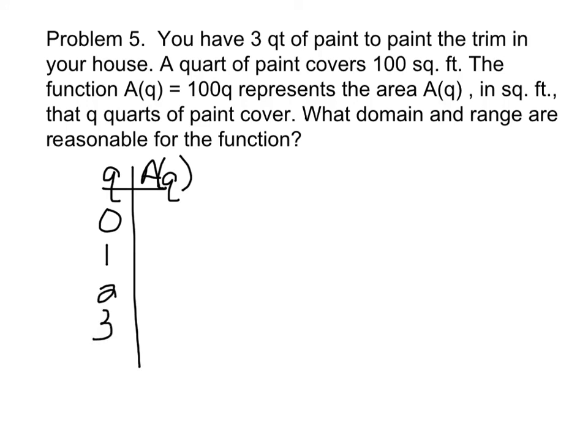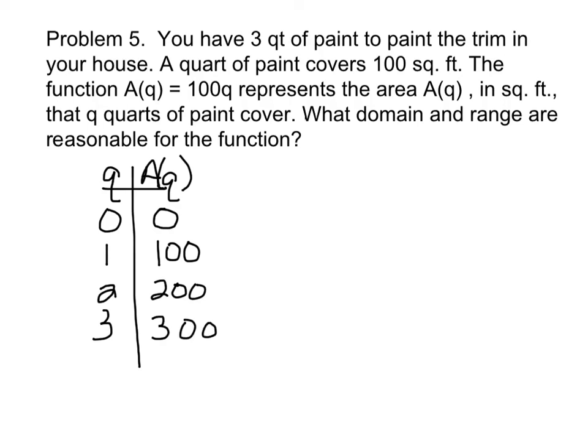Now, why can't you go over 3 quarts? Because that's all you have. You can't paint more than the paint you actually have. So all we're going to do is plug in 0 to 3. 0 would give us an area of 0 square feet. 1, which is 100 times 1, would give you 100 square feet. 2 would give you 200 square feet. And 3 would give you 300 square feet.